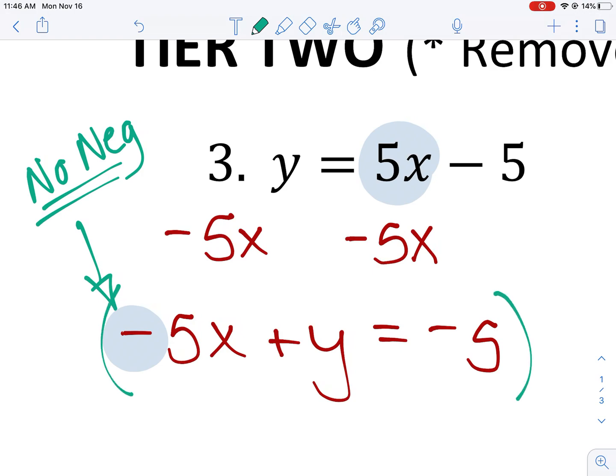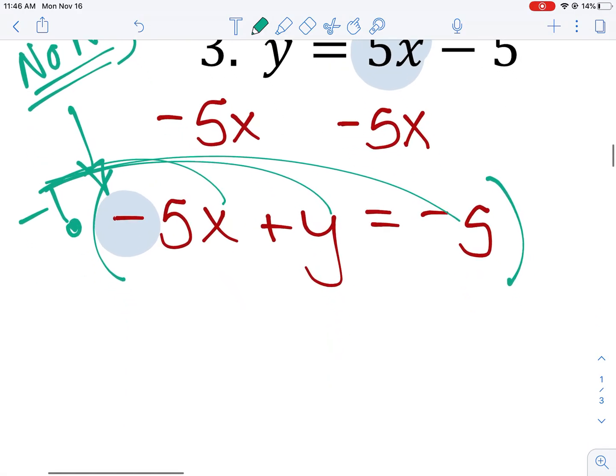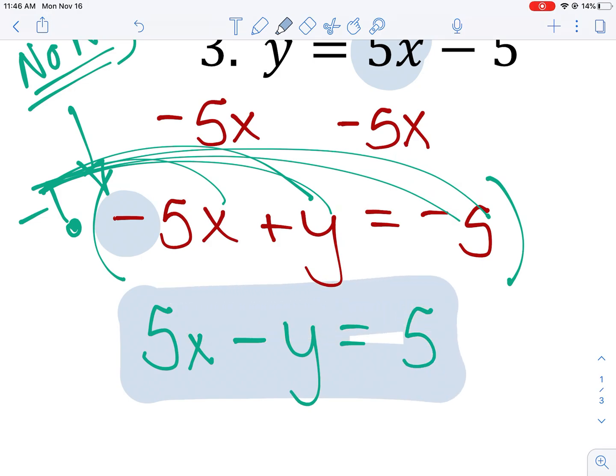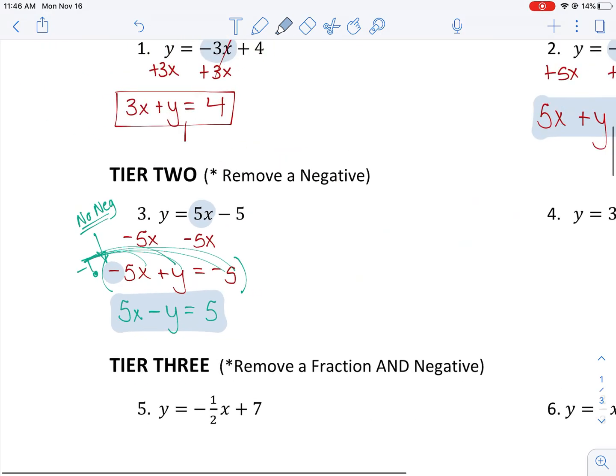So we are going to multiply this whole equation by a negative 1. So all that does is change our signs. So our negative 5x becomes positive 5x, positive y becomes negative y, and then negative 5 becomes a positive 5. Now this is in the correct form while following all of our rules.